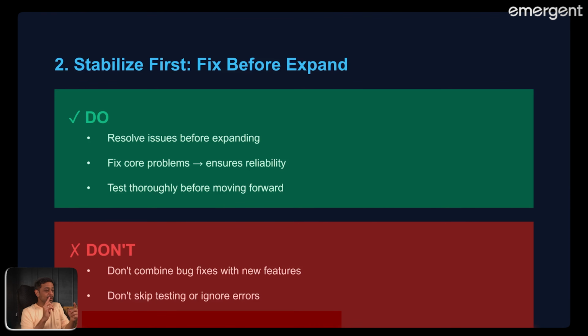So we tell it to fix that issue and then start with project management also. Okay, don't do that. It's always better to ask it to fix the issue first. We test it and then move on to the next feature. Okay, so as we can see, resolve issues before expanding, fix core problems, ensures reliability, right? And then test thoroughly before moving forward.